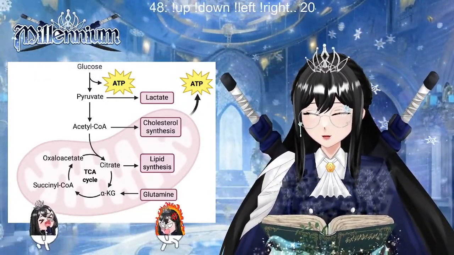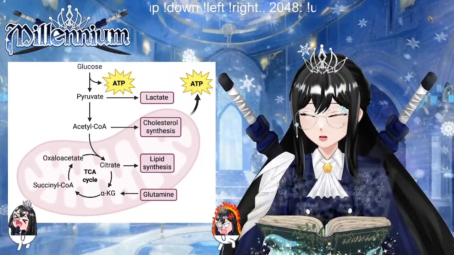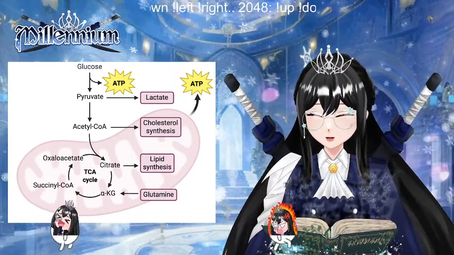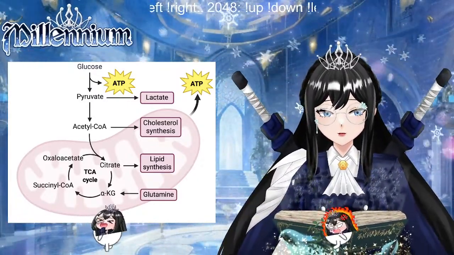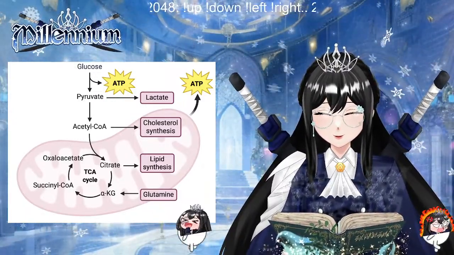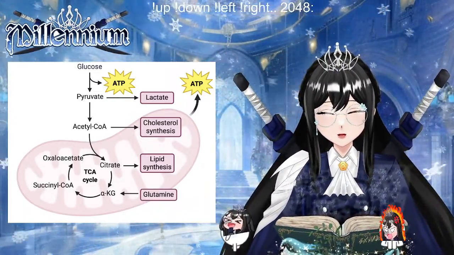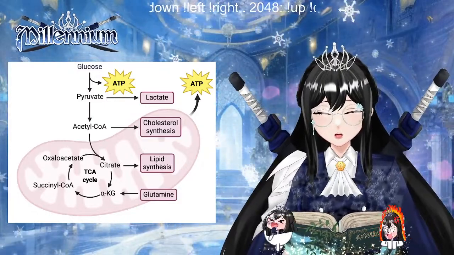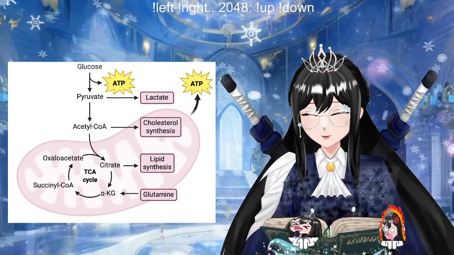And then the third irreversible step in glycolysis was pyruvate kinase. It converts the phosphoenolpyruvate to pyruvate while generating ATP. And gluconeogenesis bypasses this using a two-step reaction.